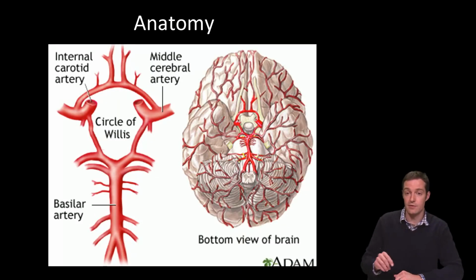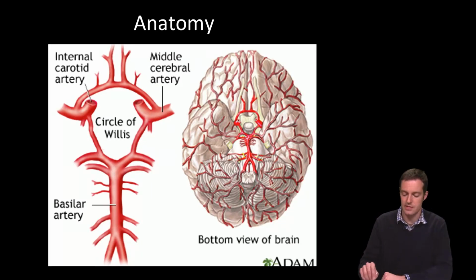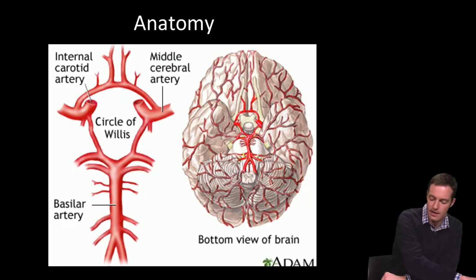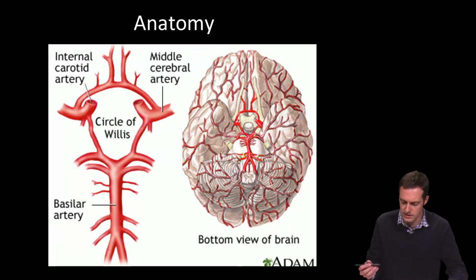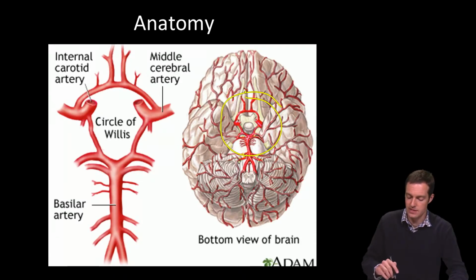So in reviewing, looking at the previous anatomical slice of the CT scan, you can see the center part of this, it's called the circle of Willis, which was essentially highlighted in subarachnoid blood on the CT scan. And what you can see is that there's many junctions between many different arteries in the brain.